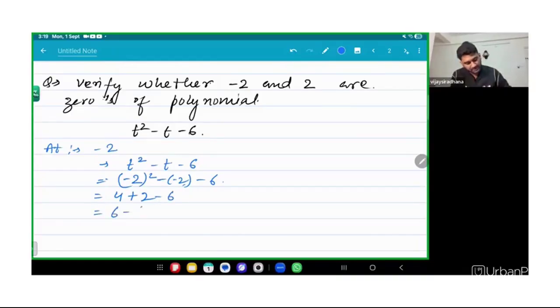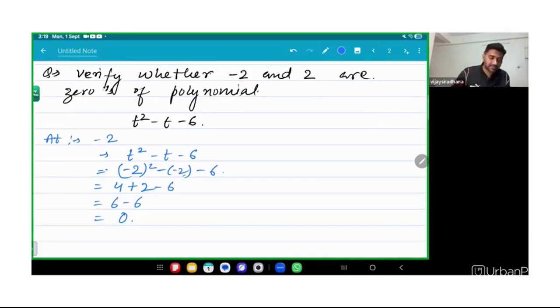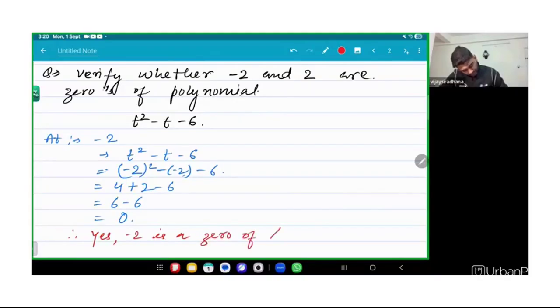So this is 6 minus 6, which is 0. So that means yes, -2 is a zero of the polynomial. Therefore, yes, -2 is a zero of the polynomial t square minus t minus 6.